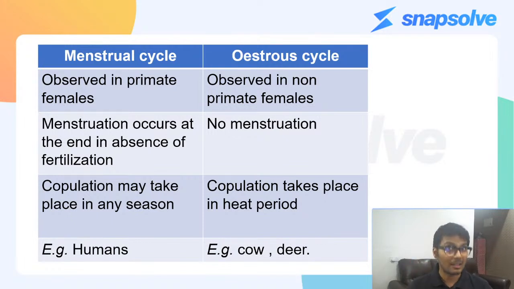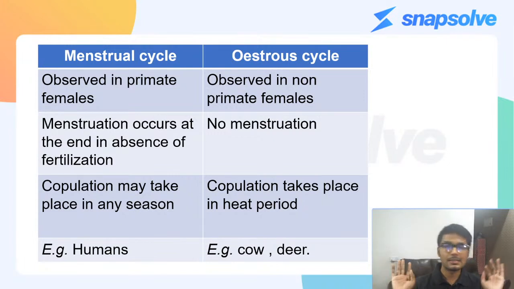That means you're not pregnant. That leads to menstruation. So in females, if they don't have periods, as we say, or they are not undergoing menstruation, there are chances they are pregnant. There are chances. That's not the only reason, by the way. In estrous cycle there is no menstruation, meaning there is no bleeding. In menstrual cycle, copulation may take place in any season.